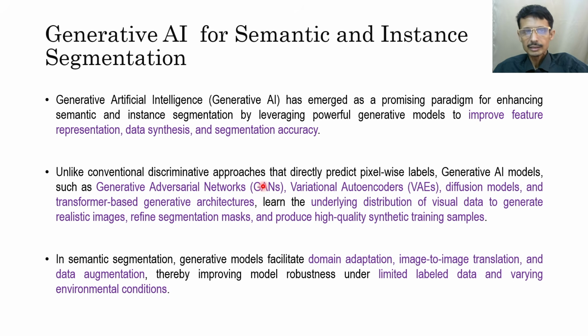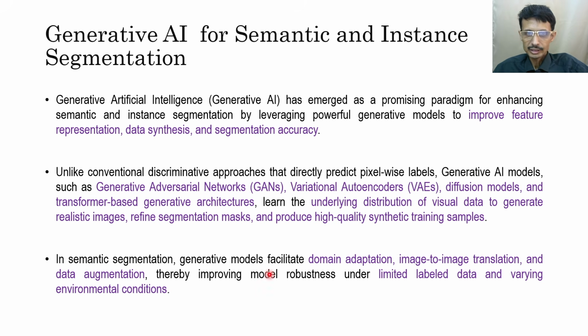Unlike conventional discriminative approaches that directly predict pixel-wise labels, Gen AI basically uses generative adversarial networks, variational autoencoders, diffusion models, and transformer generative architectures to learn the underlying distribution of the visual data, and that is very important. The main advantage of generative models is that they try to understand the underlying distribution of visual data to generate realistic images, define segmentation masks, and produce high quality synthetic training data.